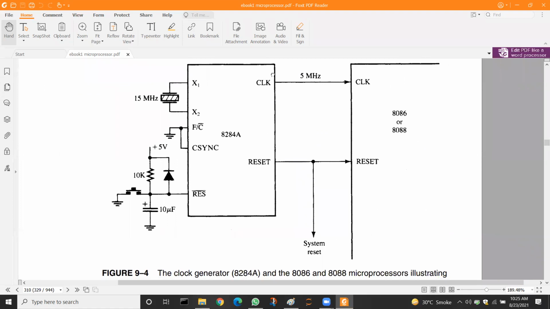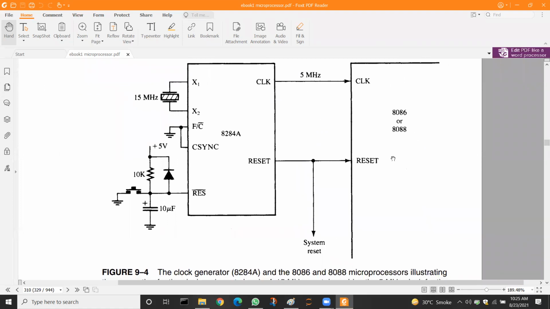The diagram we need to understand and review is this one: how this clock generator IC is interfaced with the microprocessor. As you can see, this is the clock generator IC. Let me write it here. Clock generator.